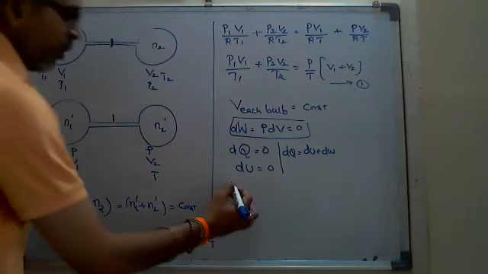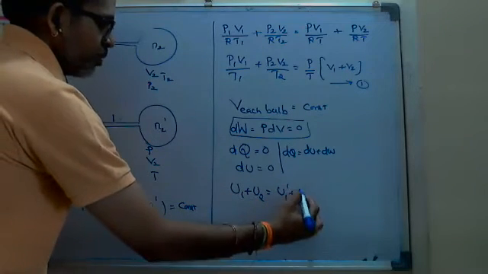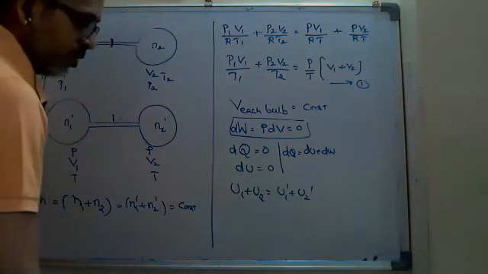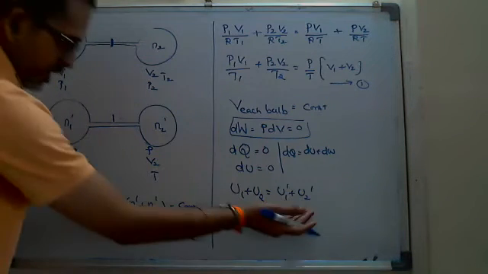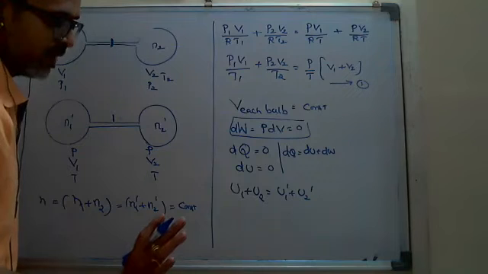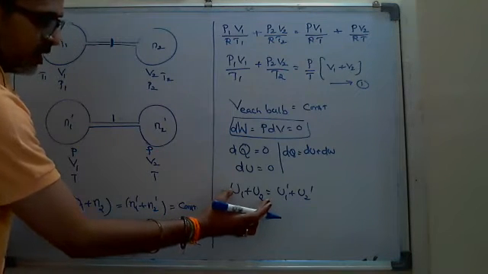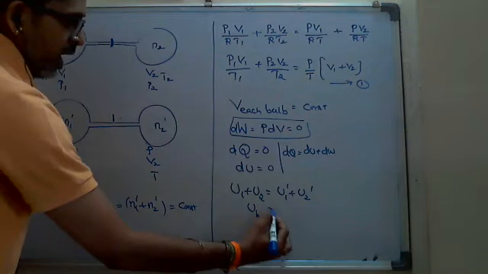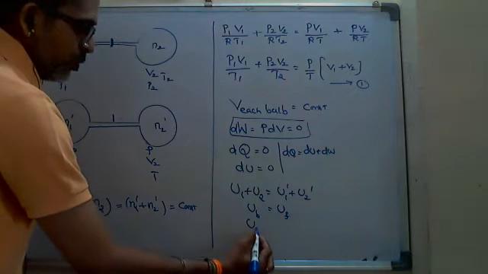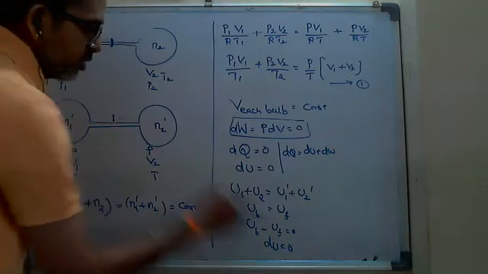That U1 plus U2 is equal to U1 dash plus U2 dash. And the difference in the total internal energy of the system is equal to 0. This is U before and this is U after. U before minus U after is equal to 0. That is dU is equal to 0.